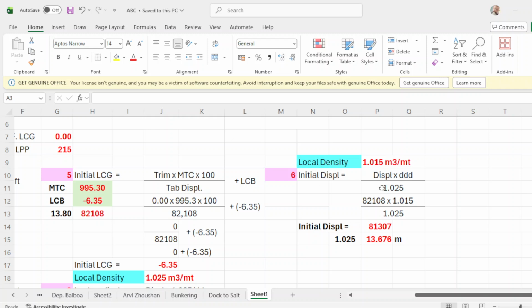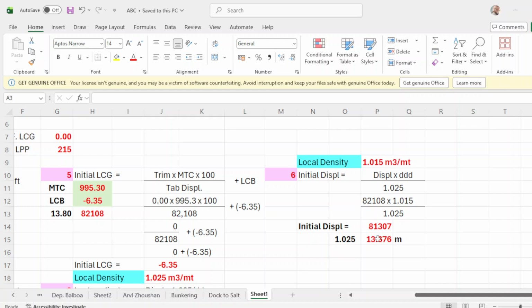That will be displacement, which is 82018 times your local density of 1.015 at berth over your salt water. Then the resultant will be displacement of 81307 and the corresponding drop will be 13676.